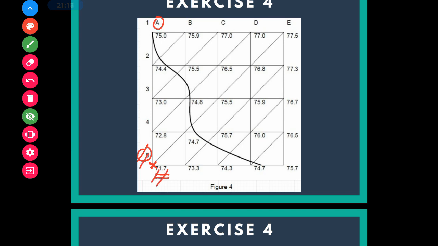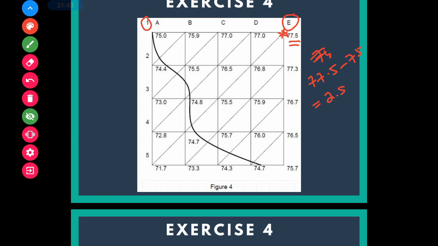Let's say for GP E1, this will be the point. For the height, 77.5 minus 75, so the height will be 2.5.